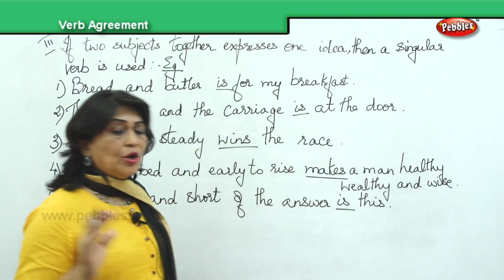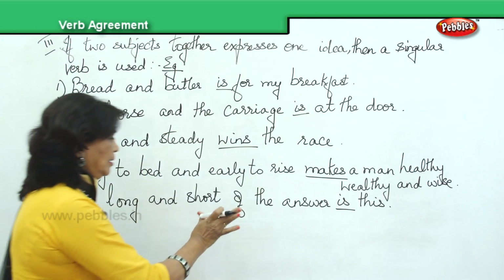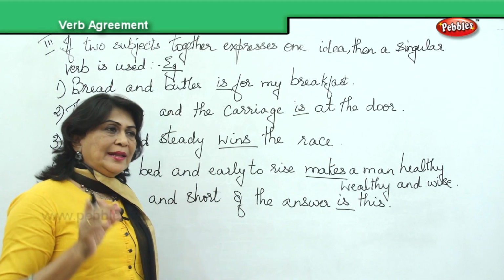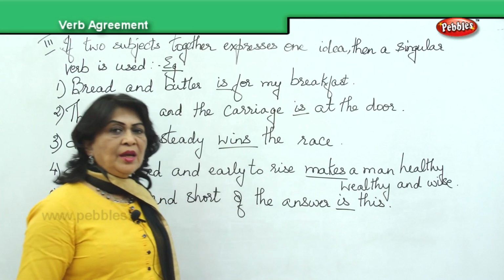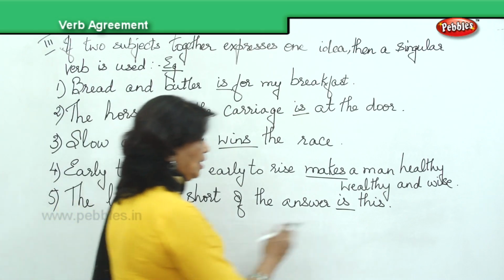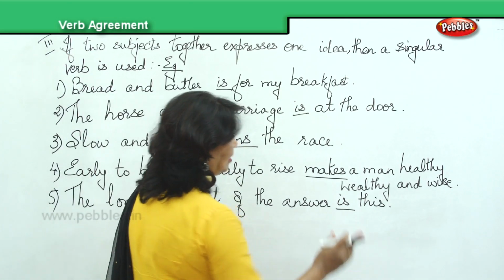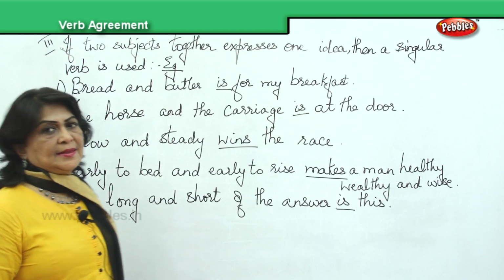The long and short of the answer, that is the long and the short of the answer. We are talking about the two different aspects of the answer. Okay, is this. We don't say are this. The long and short of the answer are this, we can't say. We only say is this.